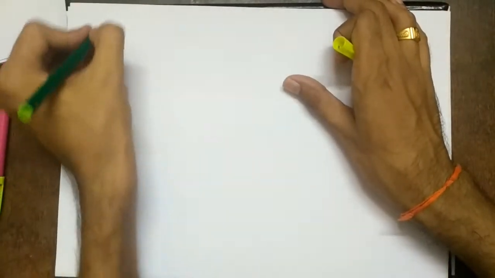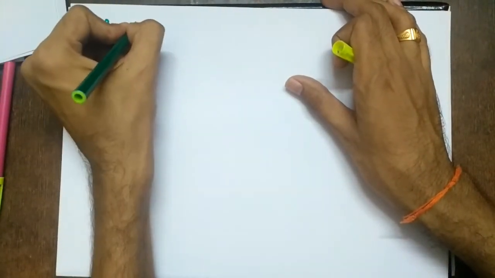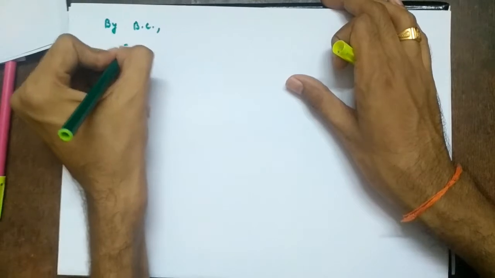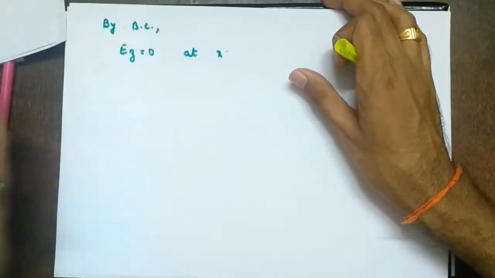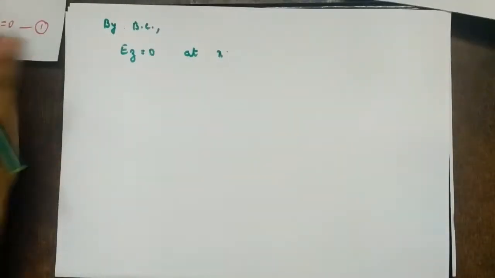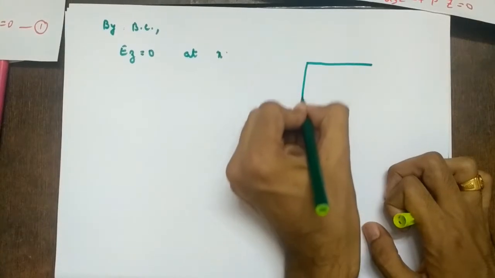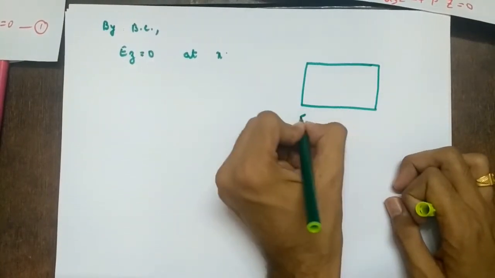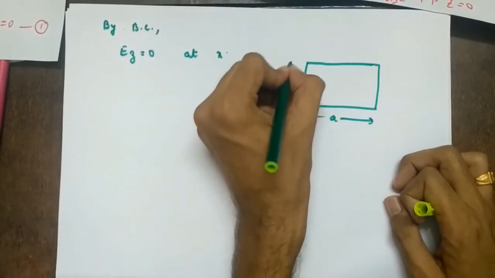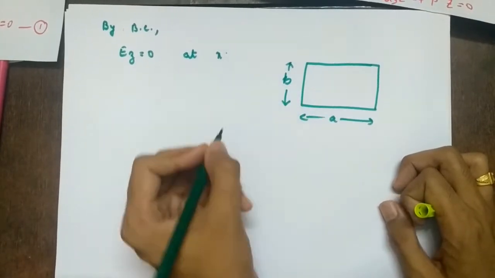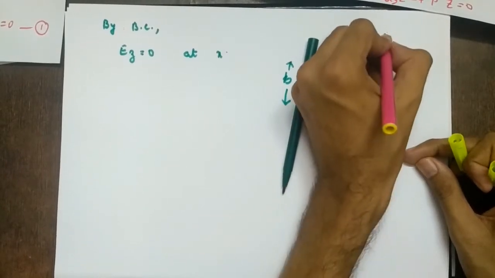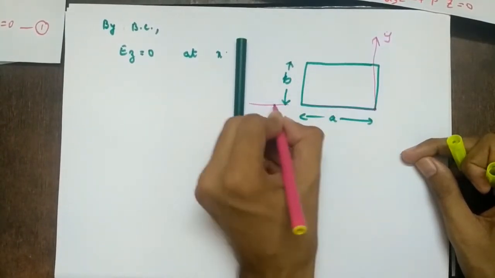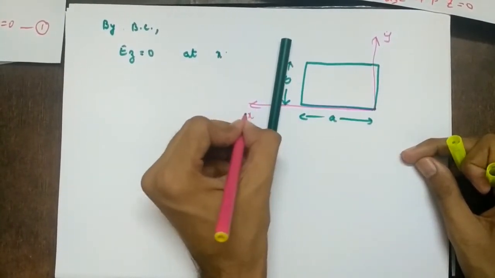So we say by boundary condition, Ez equal to 0 where? Again, I'll draw that waveguide here. This is my broader dimension, this is my narrower dimension. This was my y, this was my x.